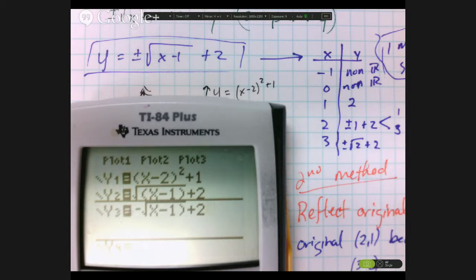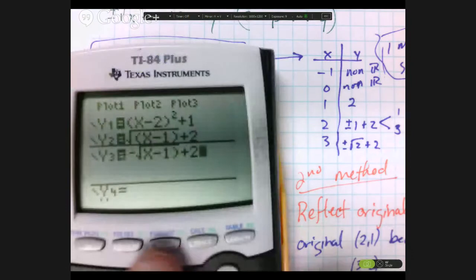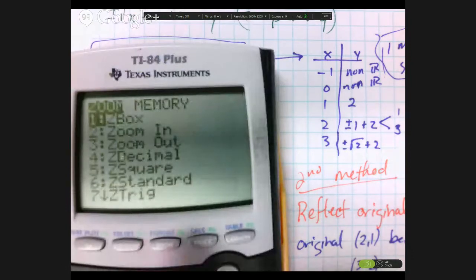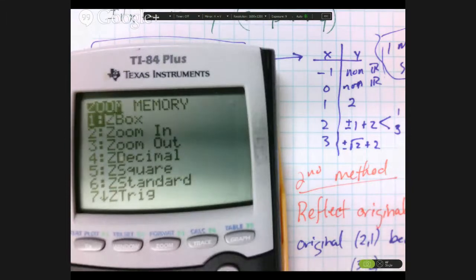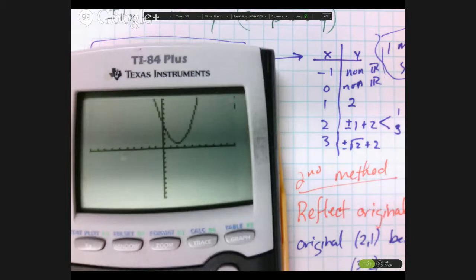It says X, T, theta, and N. Okay, go to your Zoom screen. It's that button right there. And then just go to Zoom Standard, number 6. There's the original, and there's the new one. You don't have to put the original in.